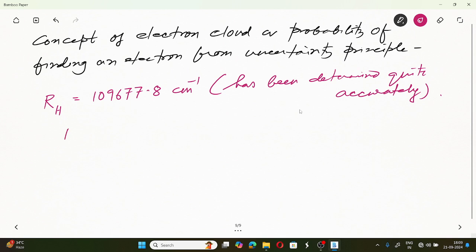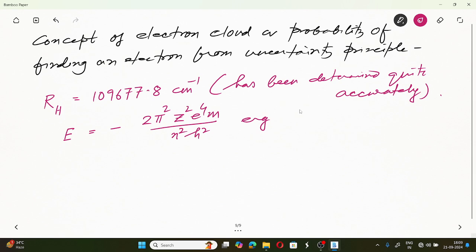Now let us write down the expression for energy of an electron from Bohr's theory. We know that this is minus twice pi square z square e to the power 4 m divided by n square h square ergs per atom. So this is ergs per atom for a given atom.